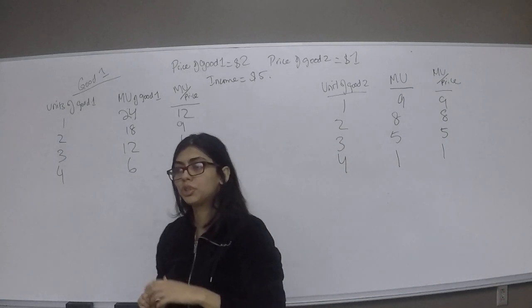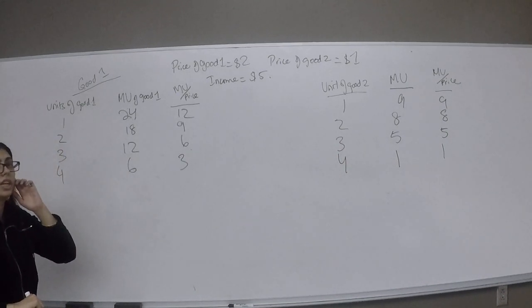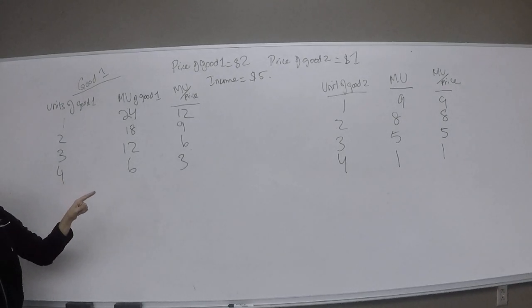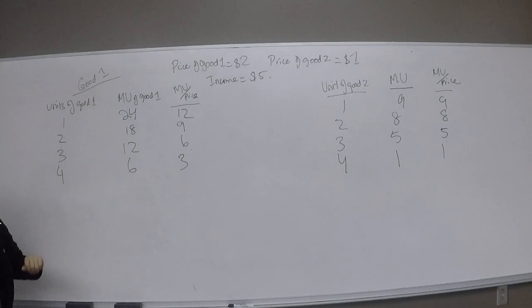What will their consumption be if you're given this kind of table, their income is $5, you're given the prices, and you know the marginal utility per dollar for both of them?